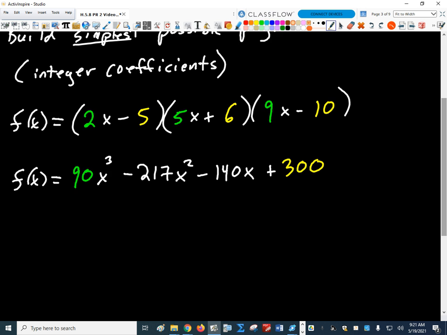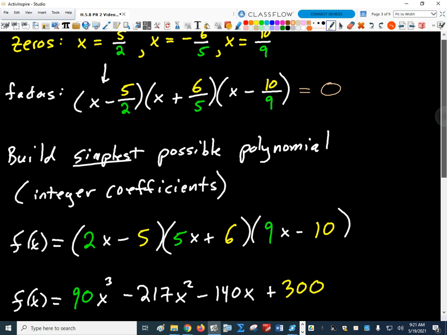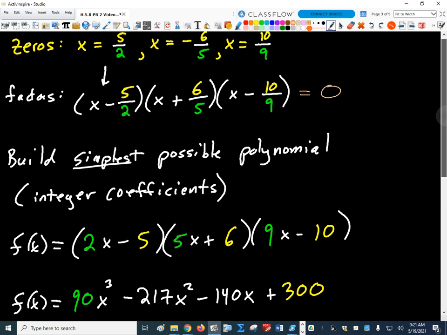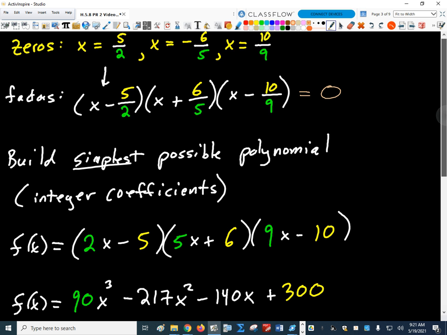Okay? Now look back at this here. What do you notice? This is kind of color-coded in an important way. My original zeros, do you see that the product of the denominators of the original zeros is what gave me the 90? Everybody get that?